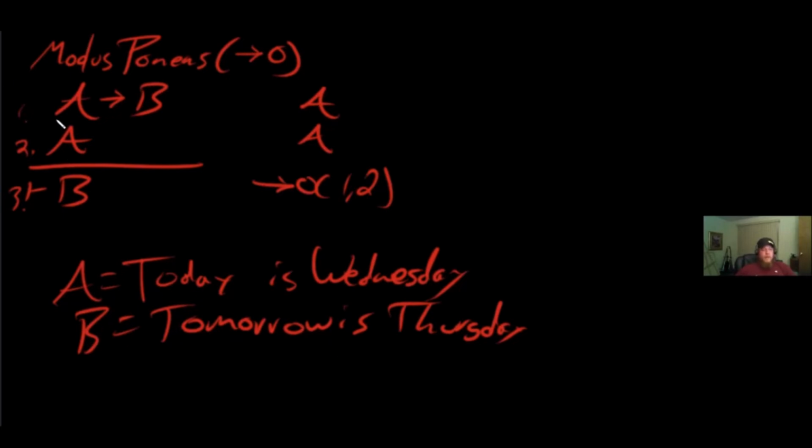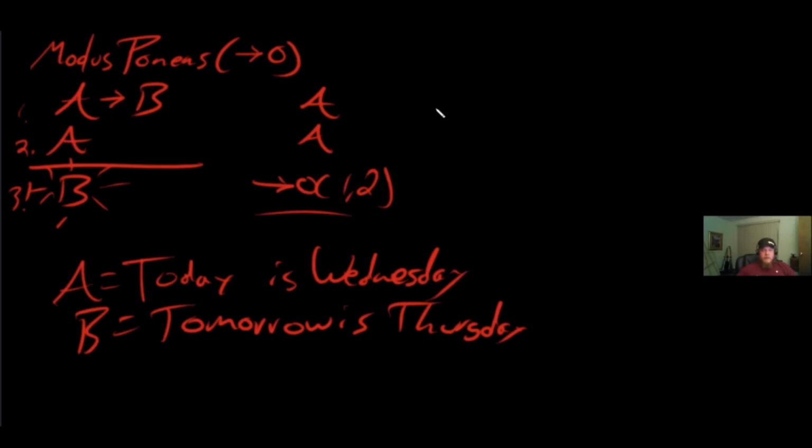Line 1 would say, because of that arrow, if today is Wednesday, then tomorrow is Thursday. We've also got separately, hey, by the way, today's Wednesday. Then what do we know? Tomorrow is Thursday. How do we know that? Modus ponens, arrow out, from these first two lines. We know this from this and this put together.